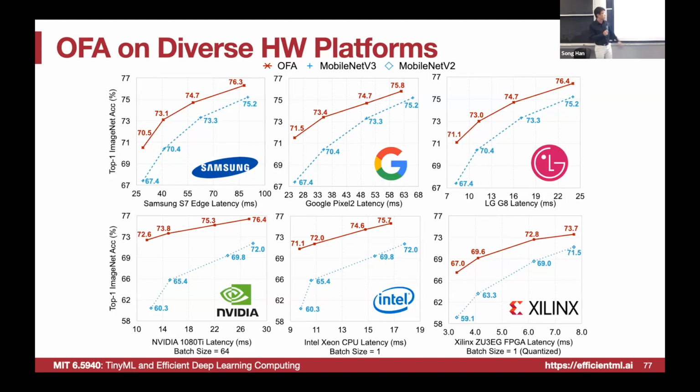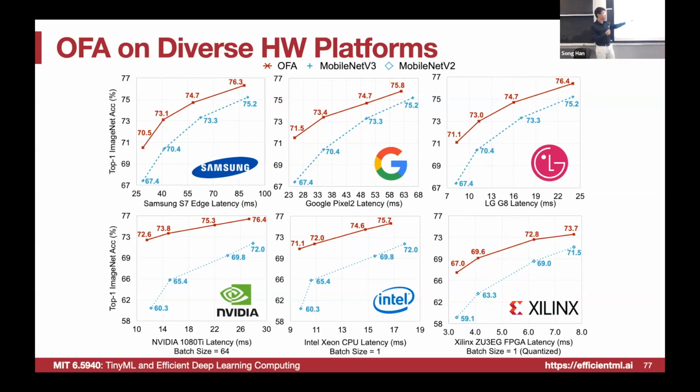Not only on one device, but OFA also works quite well on diverse hardware platforms: different phones, Samsung phone, Google phone, LG phone, GPU, CPU, and also FPGAs. Like on the GPU, this was still using a 1080 Ti because this project was about 4 years ago.